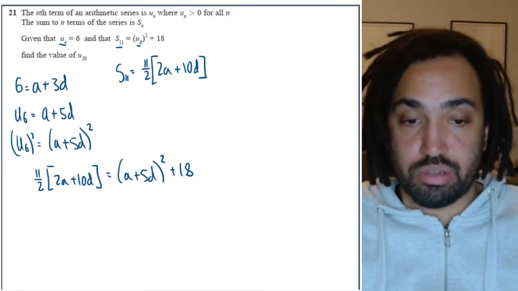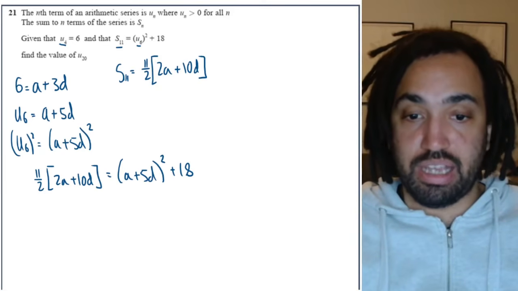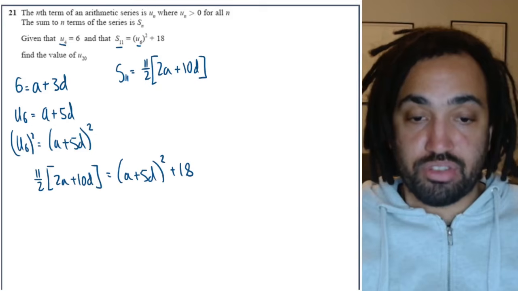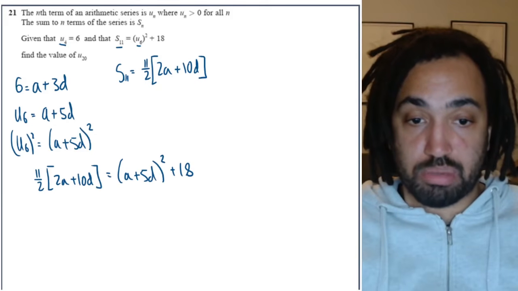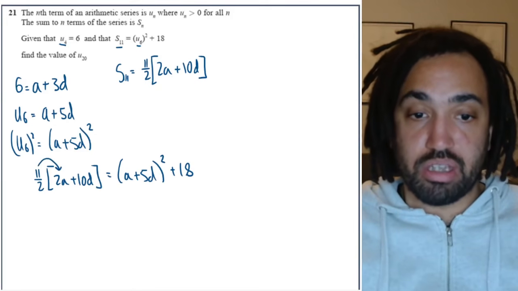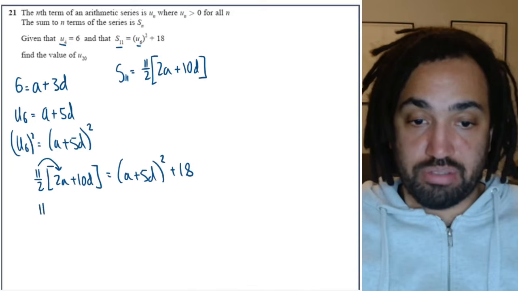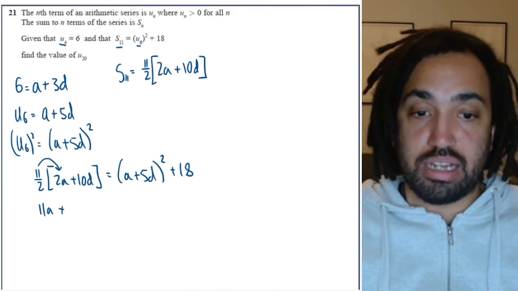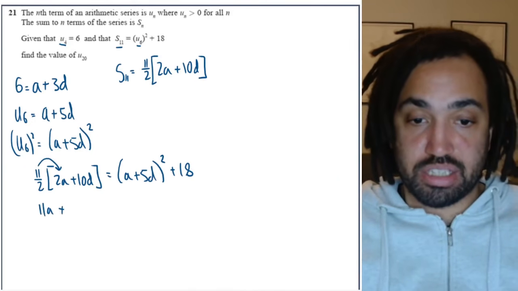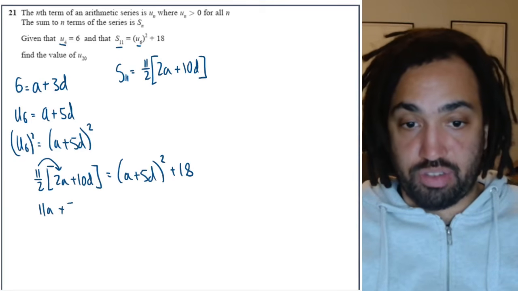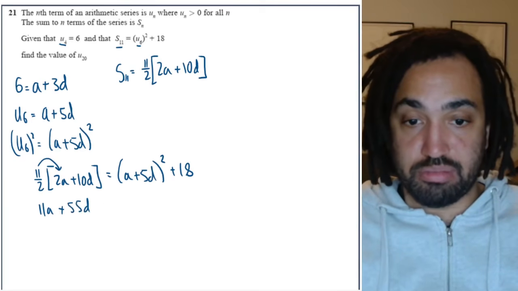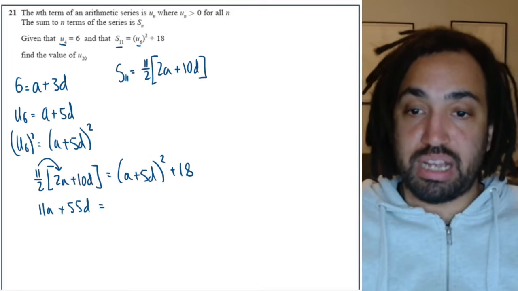Okay, right, we need to do some cancelling down here. So the first thing I'm going to do is multiply out this bracket. So 11 over 2 times 2 is 11. And 11 over 2 times 10 is 55, so 55d. I'm going to expand this bracket.